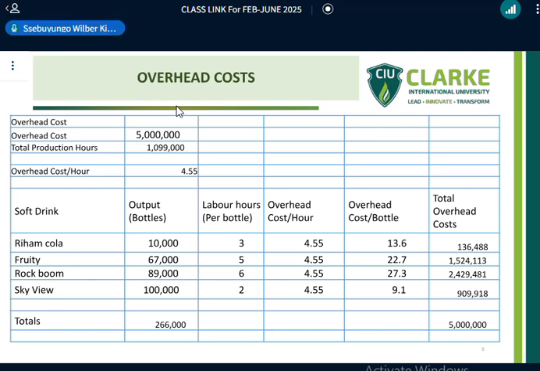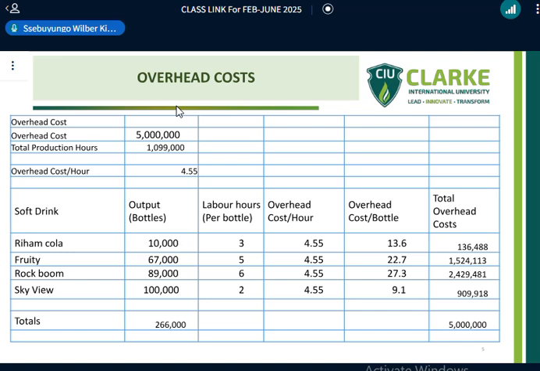But in the previous table I was showing you that we needed to get total labor hours for that period. For example, for Riham cola, you have 3 hours per bottle, and there are 10,000 bottles. So how many labor hours are for Riham cola?